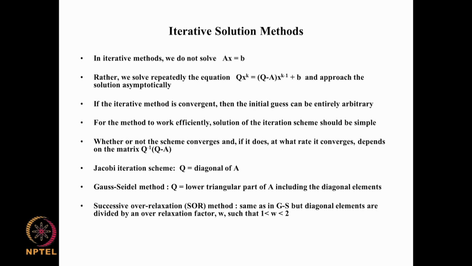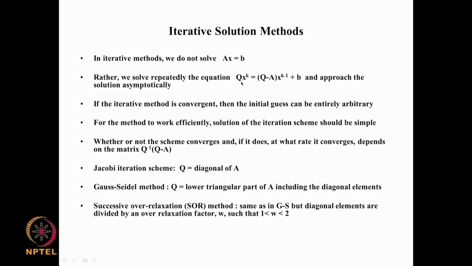So for an iterative solution method to be effective from a computational point of view, finding Q should be easy, and solving this equation should be easy. How many such equations? There are n such equations, where n is the number of variables.